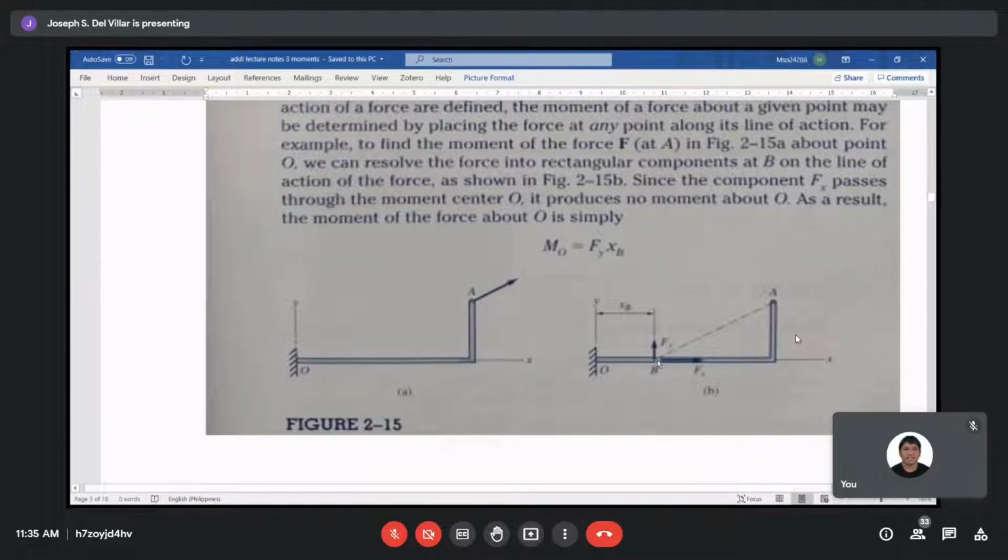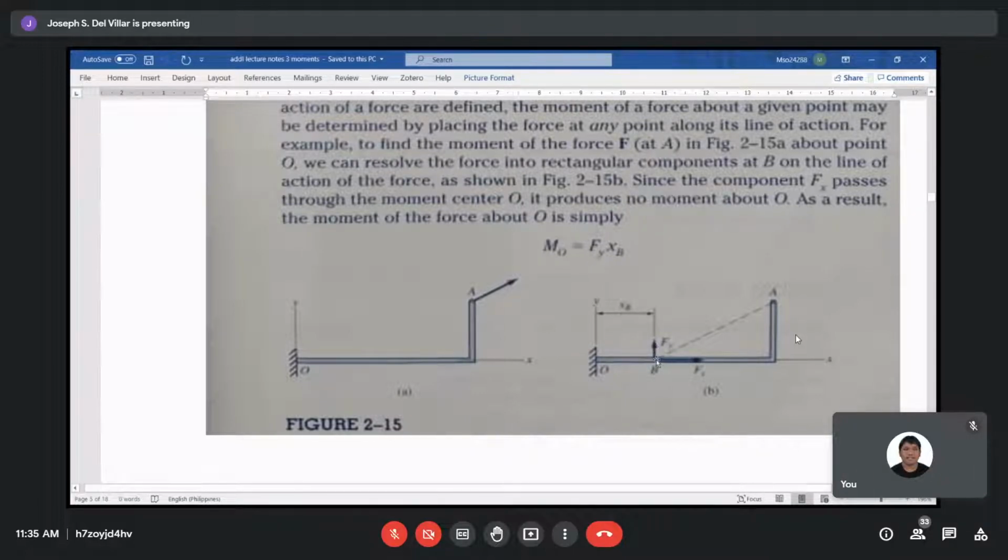Pag nag-intersect na siya dito, doon mo siya i-resolve. Ito yung kanyang Fy, ito yung kanyang Fx. Nakikita nyo, ito na yung kanyang component, itong upward and itong horizontally to the right.